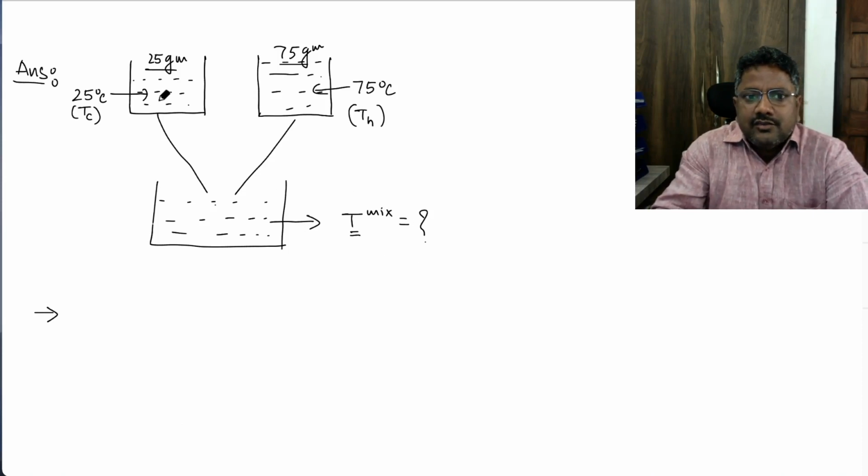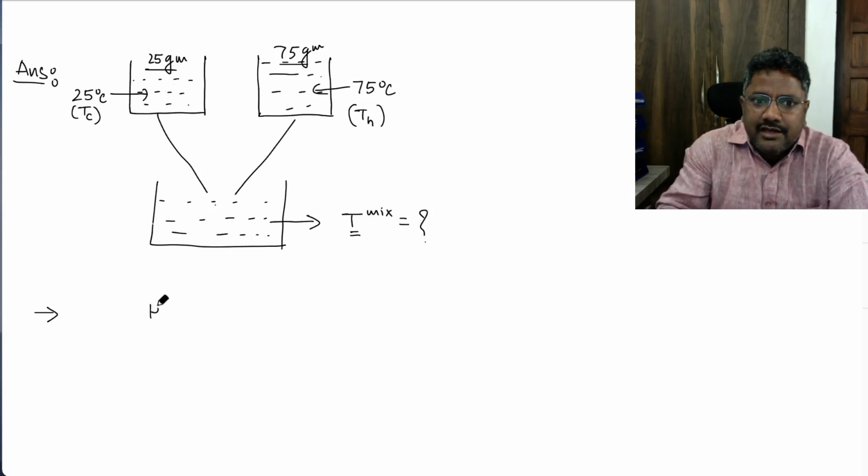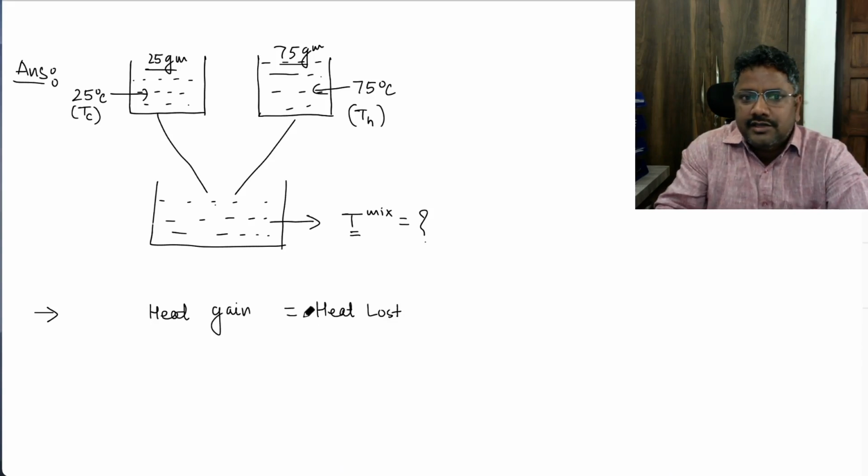See, this is a lower temperature object, this is a higher temperature object, so this will lose heat and this will gain heat. So heat gain is equal to heat loss. Calorimetry principle you can use here.